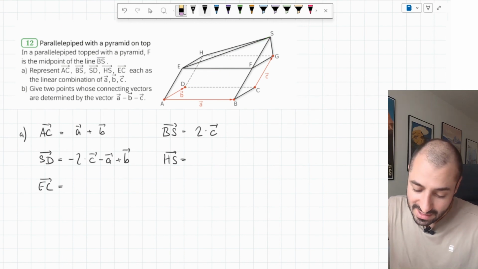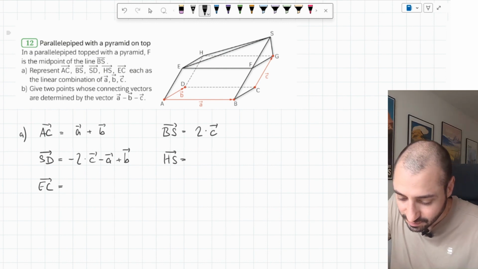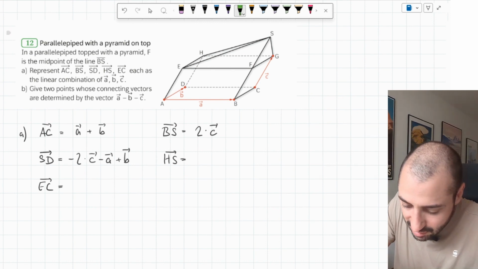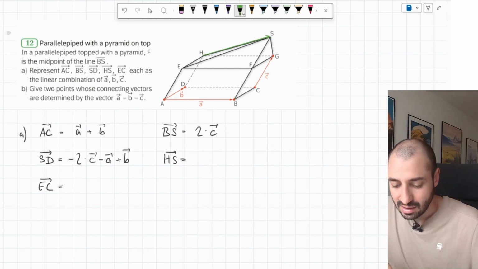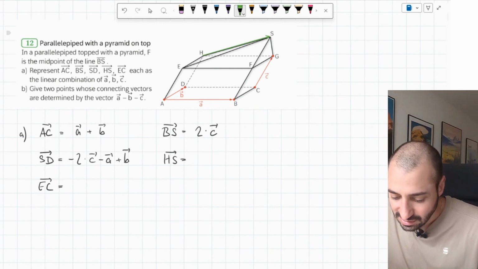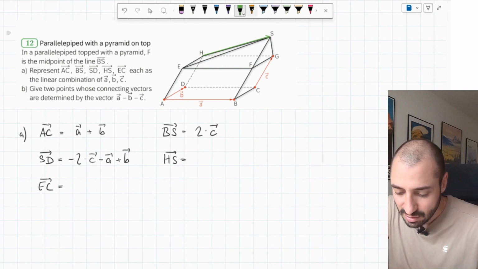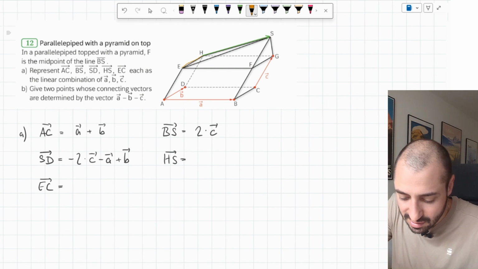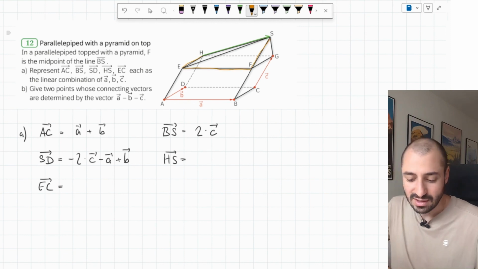Now for the next one, vector HS, let's see where it is. That's the one here in the back. HS. So how do we get there? It looks like we could go this way, right?